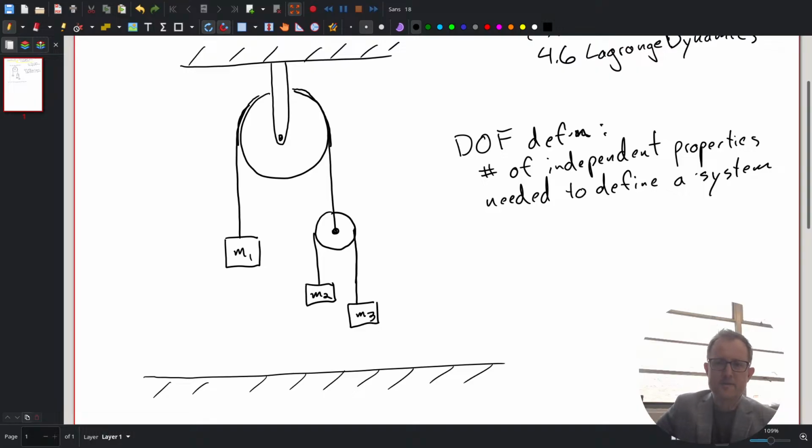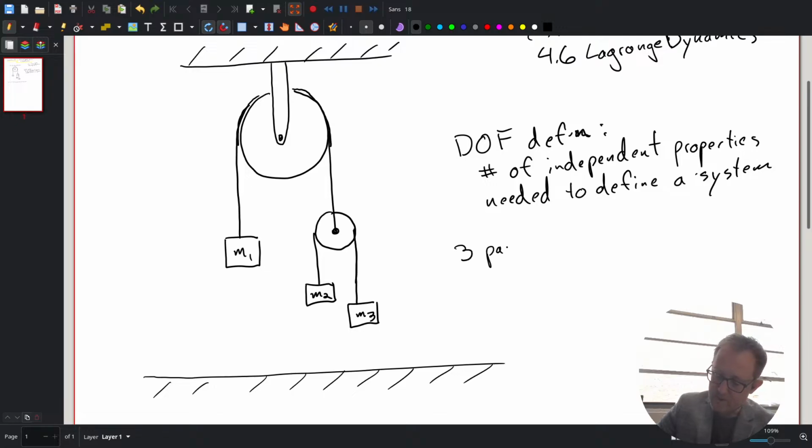This is why it helps to start off with a concrete example rather than the general statement and try to apply it. It is a very vague statement that the minimum number of independent properties needed to define the system define its degrees of freedom. So in this specific case, I would say there are three moving parts.